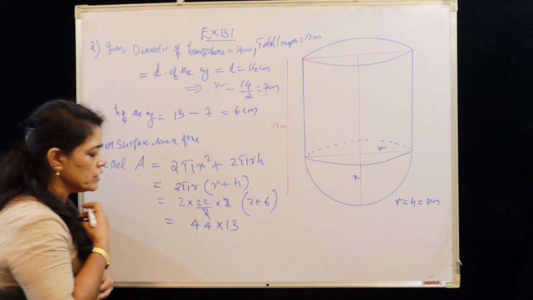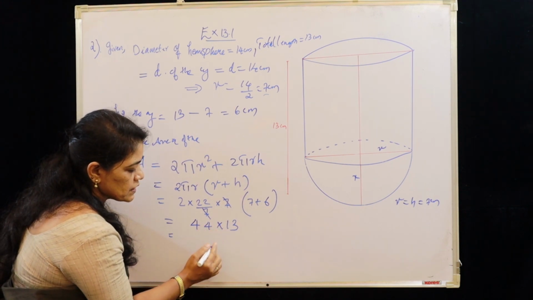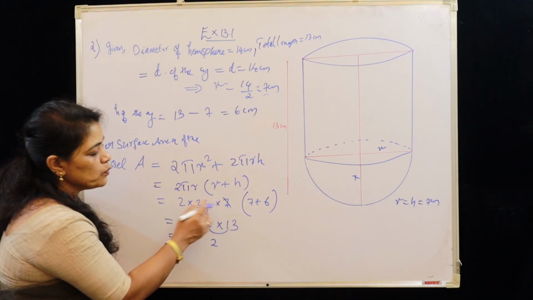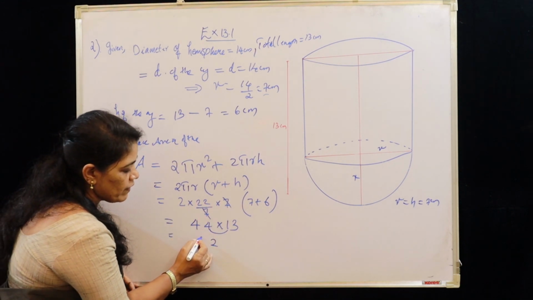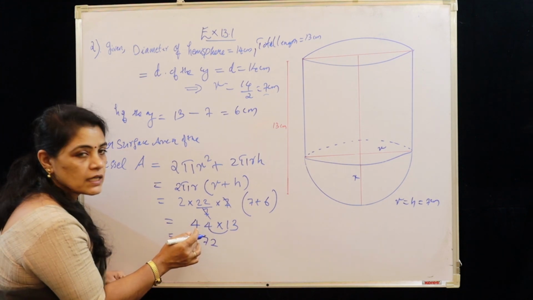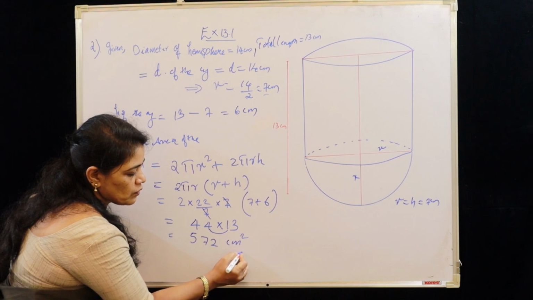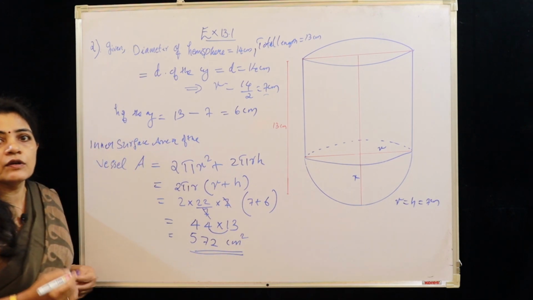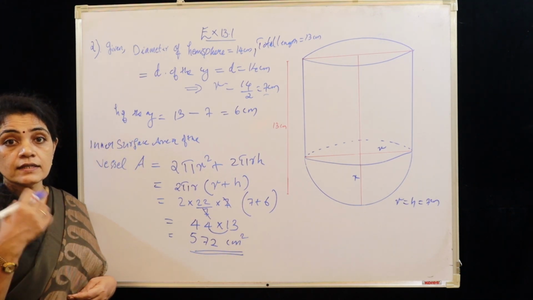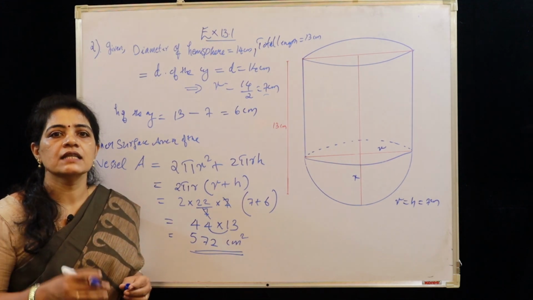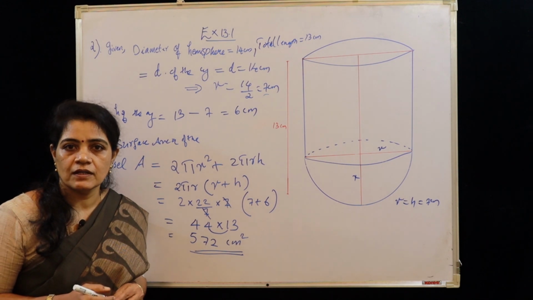Then multiplication: 3 4s are 12, 1 carry. 4 1s are 4 and 12, 6 plus 1, 7, 1 carry, 1 4s are 4 plus 1, 572 centimeter square. Don't forget to write down the unit, since it is area, it is always in square units. So the inner surface area of the vessel is 572 centimeter square.